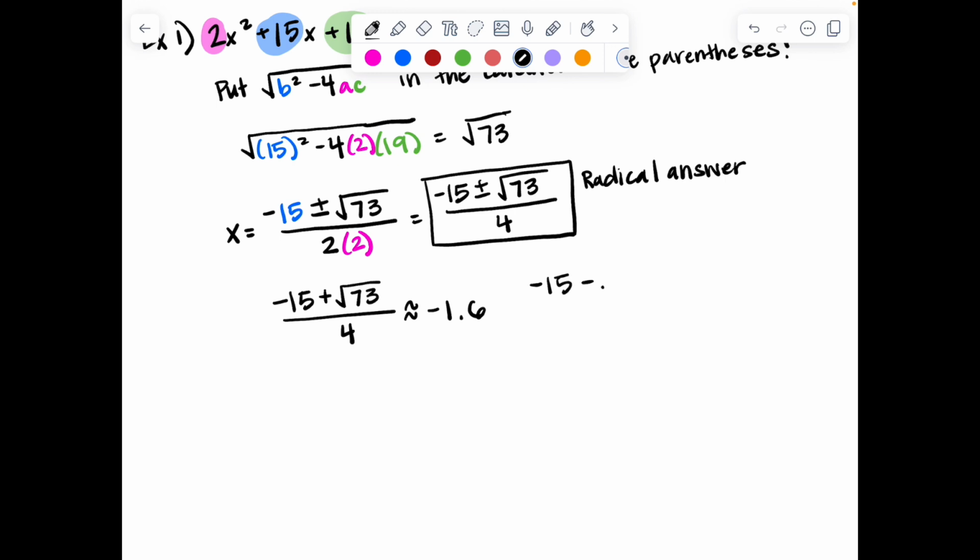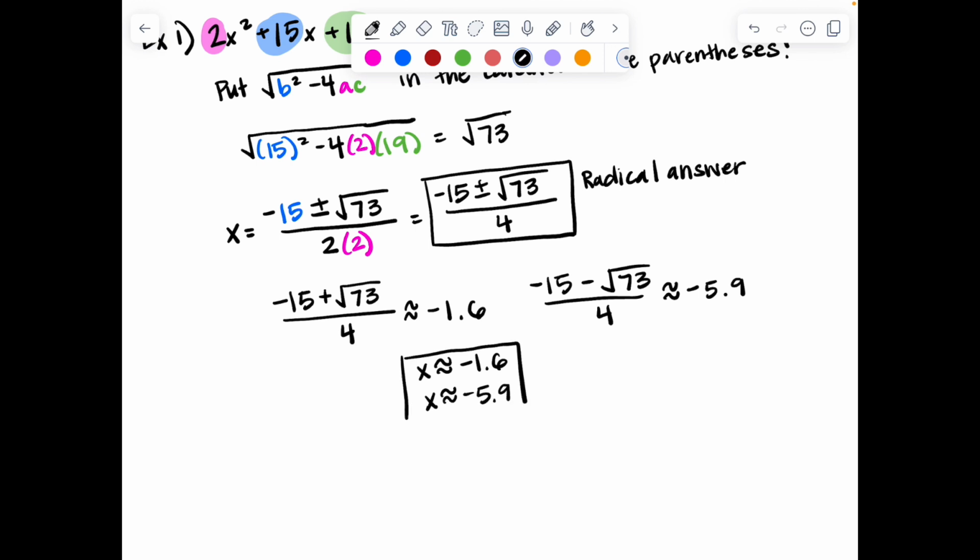Negative 15 minus the square root of 73 over 4. Round that to the nearest tenth, and we get negative 5.9. So our answers as a decimal will be this. You need to know how to write the answers in both formats for the test.